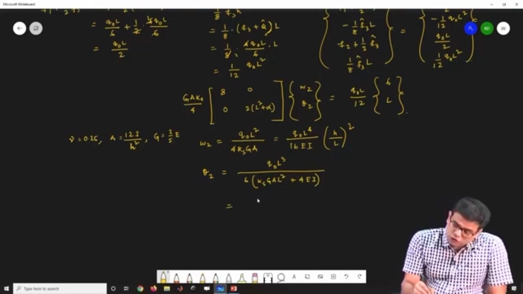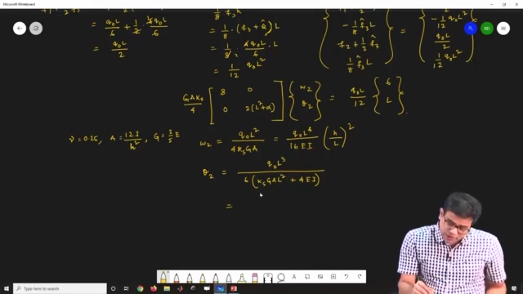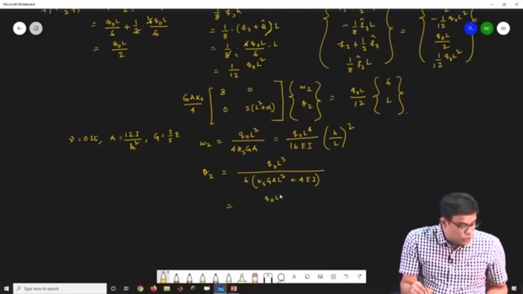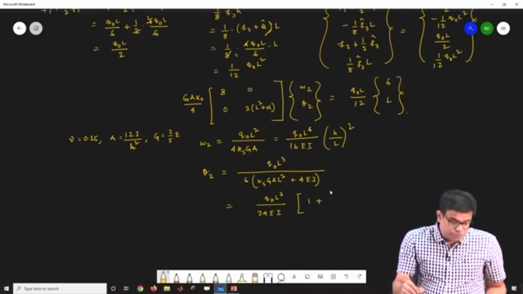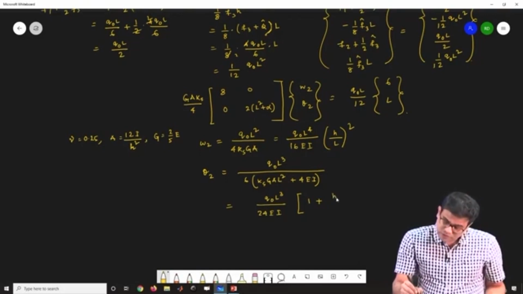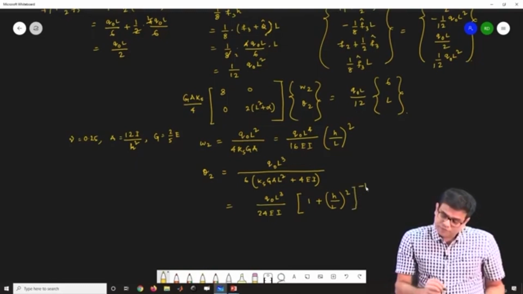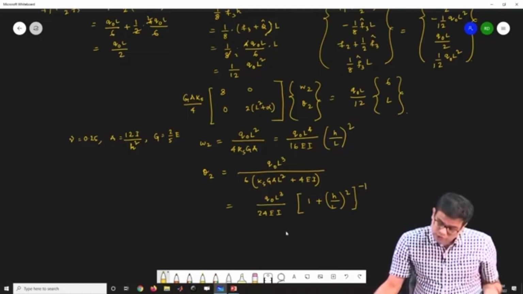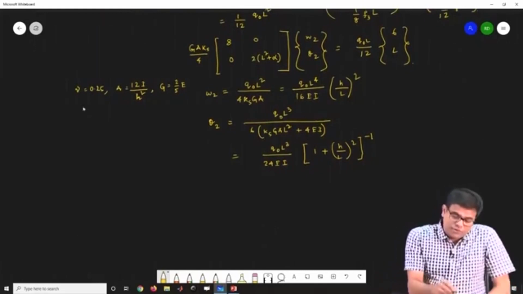So essentially by substituting this, we can also simplify this, that is Q0 L cube by 24 EI into essentially 1 plus H by L whole square, okay, so that is to the power minus 1. You can do this by substituting this.